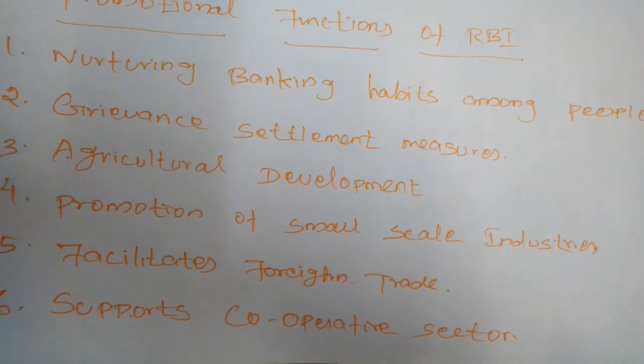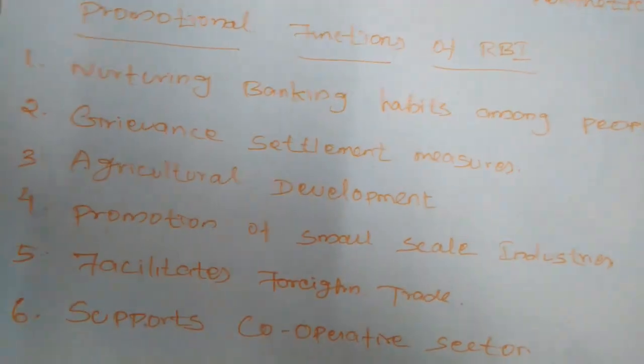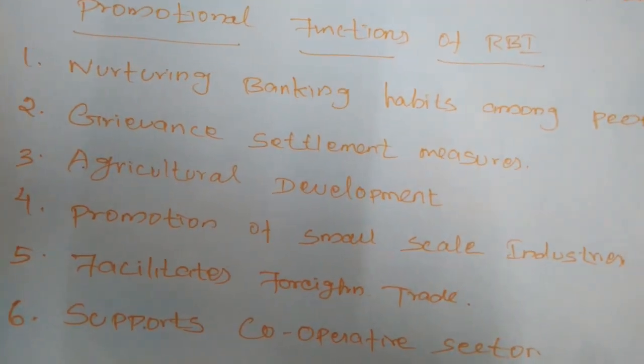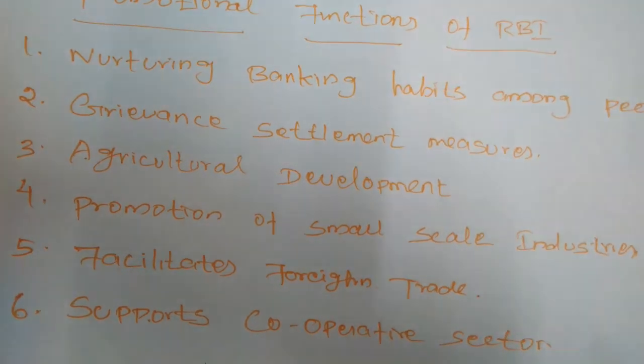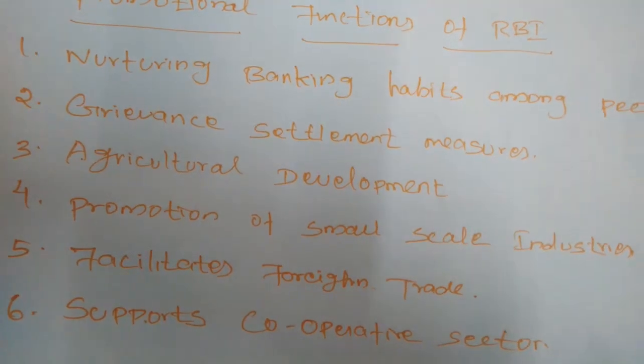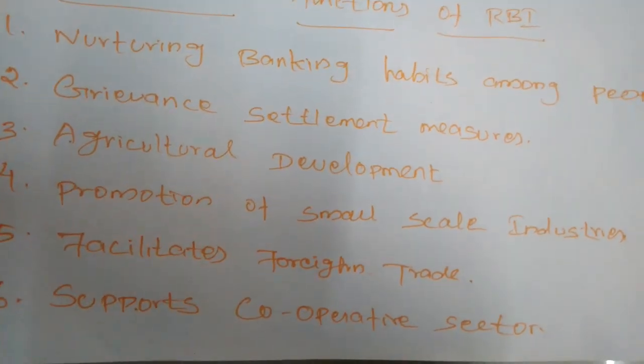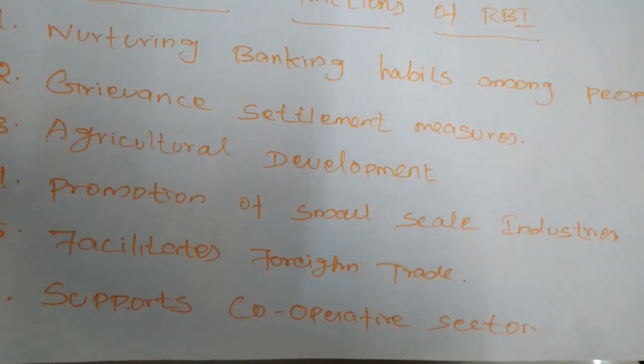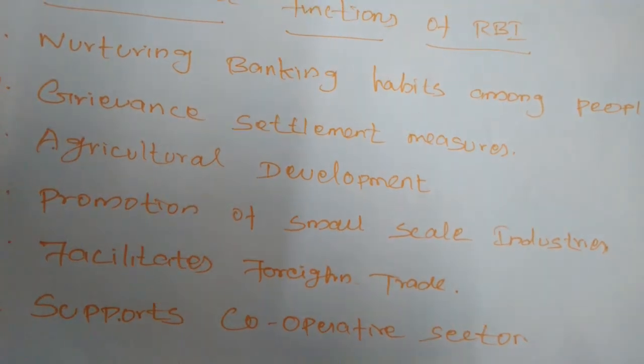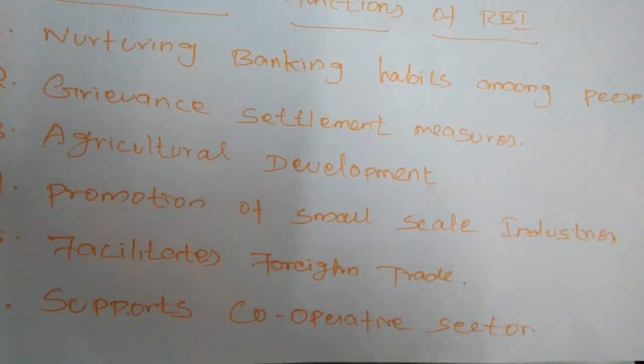Next, support to the cooperative sectors. The Reserve Bank of India helps cooperative banks by relaxing their rules and providing indirect financing. We have already studied the cooperative sectors. The members of cooperative sectors themselves have to collect all the required amount.